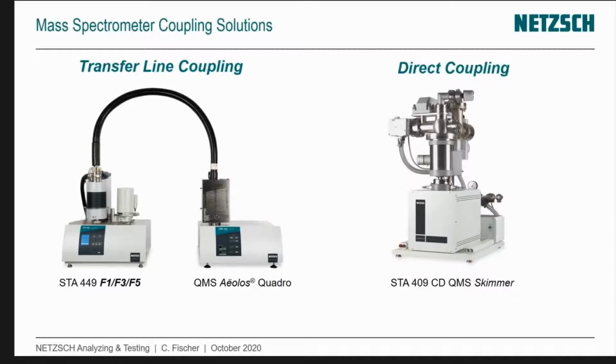The Aeolos Quattro on the left is used to detect permanent gases and small organic fragments. The skimmer on the right takes advantage that the MS is nearly working at sample temperature and can therefore be used for high boiling materials like metal vapors or long-chain hydrocarbons.